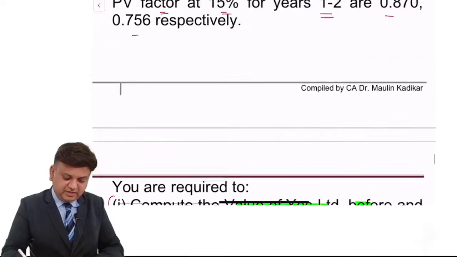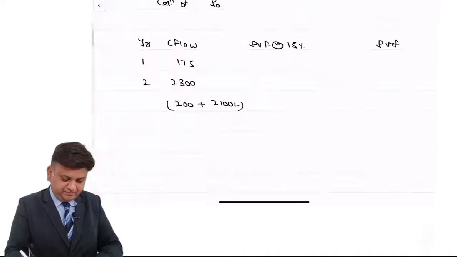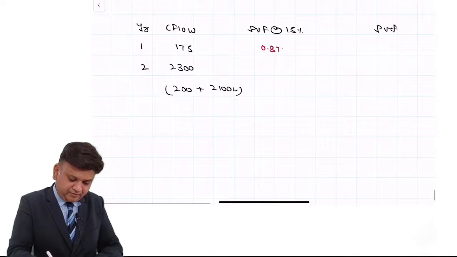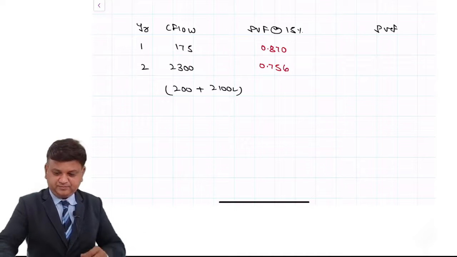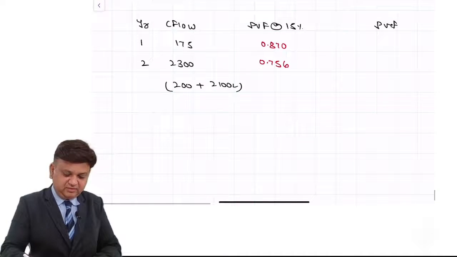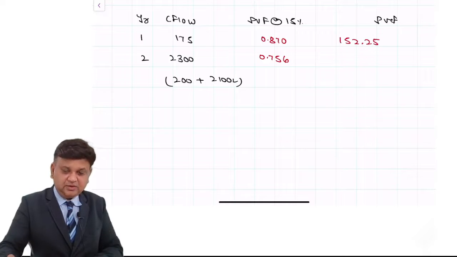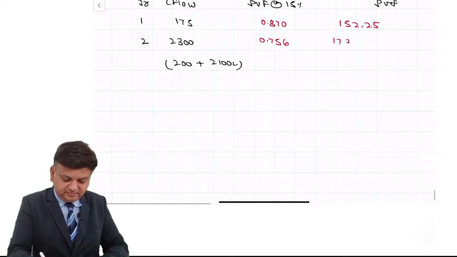First year factor is provided to us as 0.87. Second year factor is provided to us as 0.756. So what will happen? It is 175 lakhs into 0.87, that is 152.25 lakhs. 2300 into 0.756, that comes to 1738.8 lakhs.